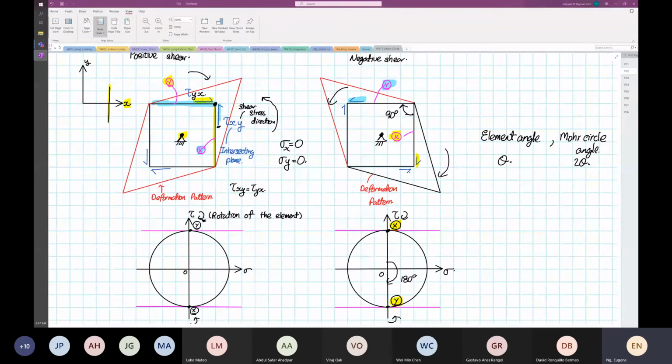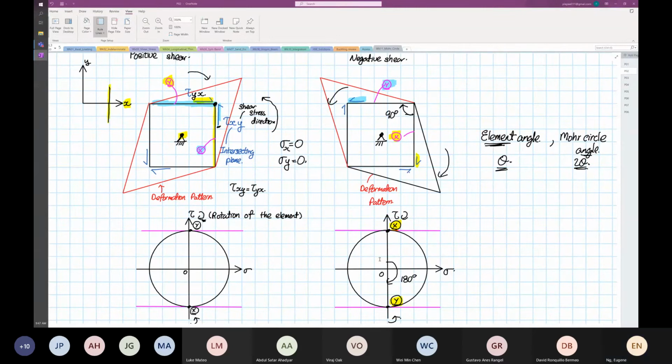I can go through 45 minutes of transformation equation to show it, but I don't want to waste your time. So on the element the angle is theta, on Mohr circle the angle is what? 2 theta. So this is another characteristic of Mohr circle. Before we go any further, any questions so far?